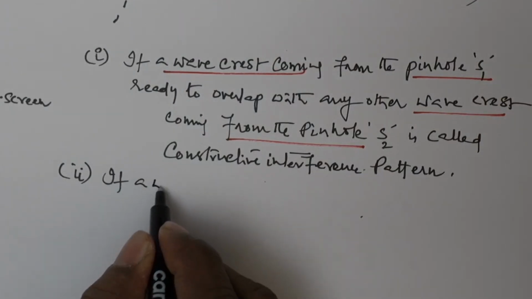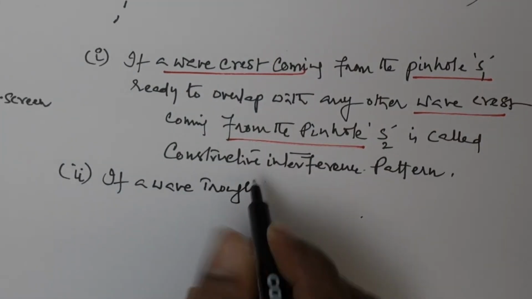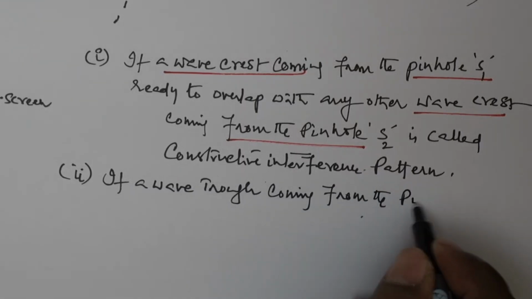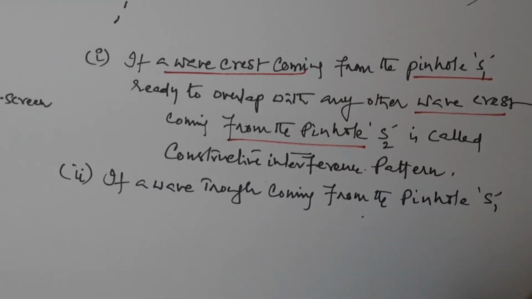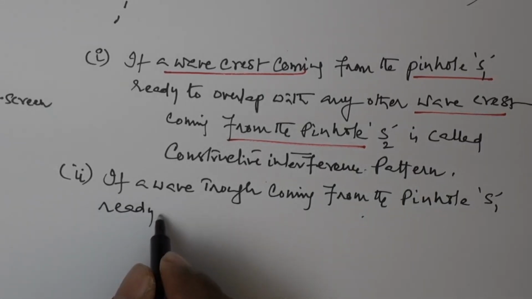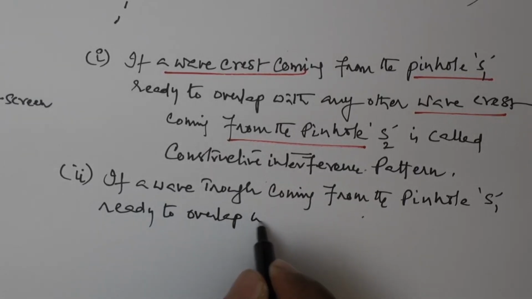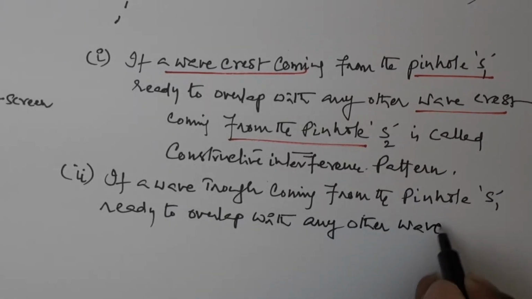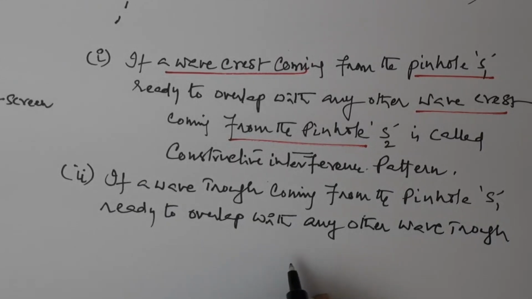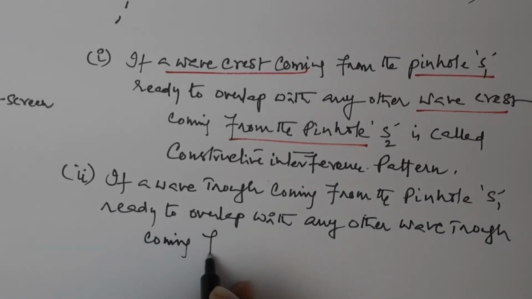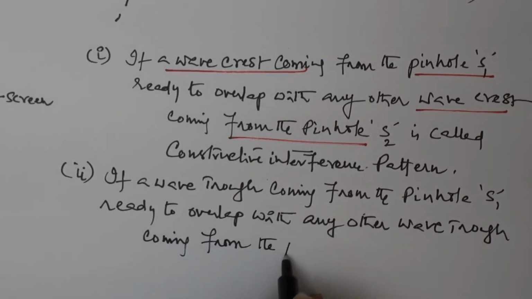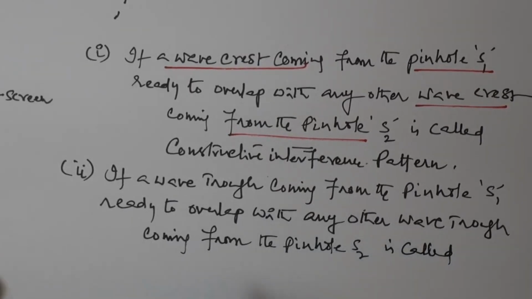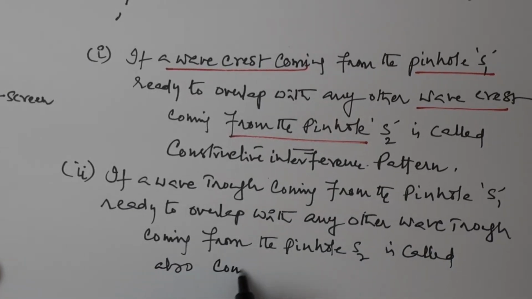Similarly, if a wave trough coming from the pinhole S1 is ready to overlap with any other wave trough coming from the pinhole S2, it is also called constructive interference.